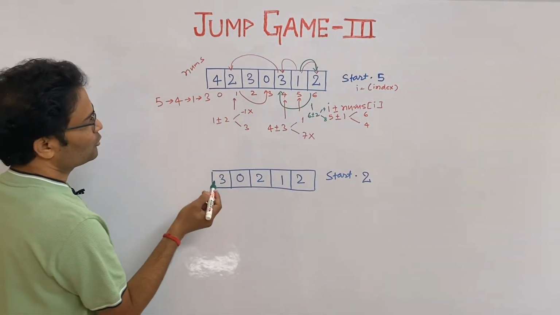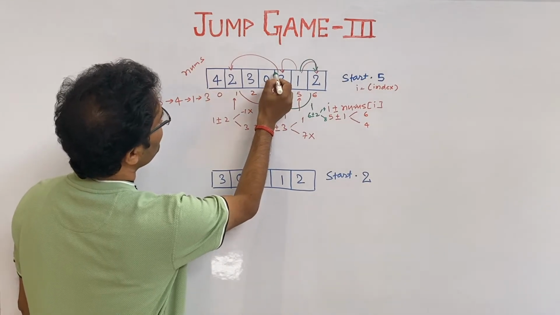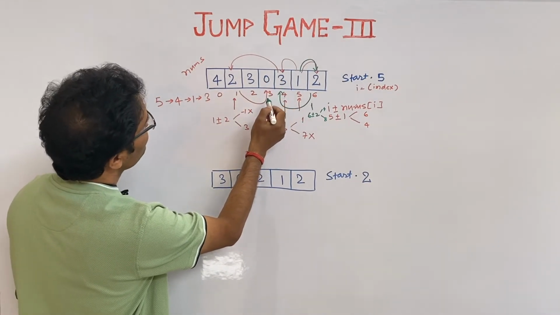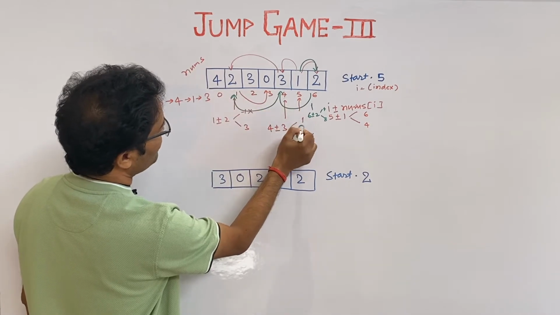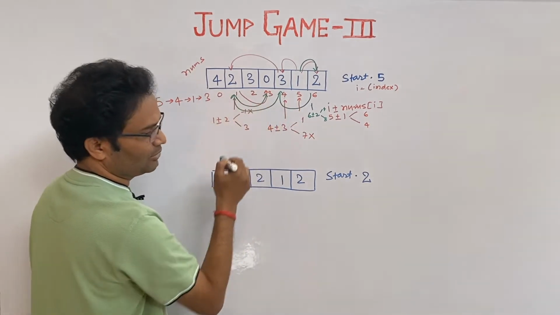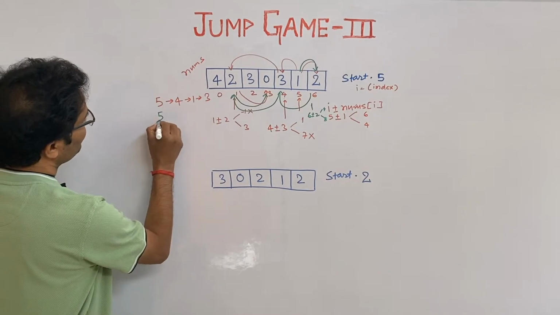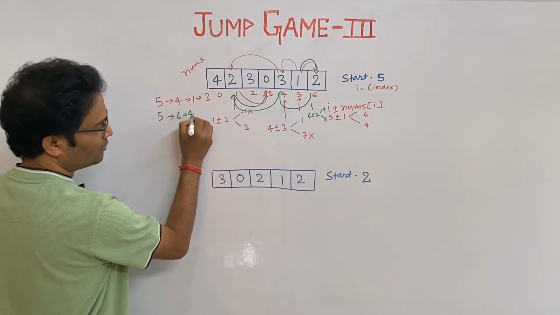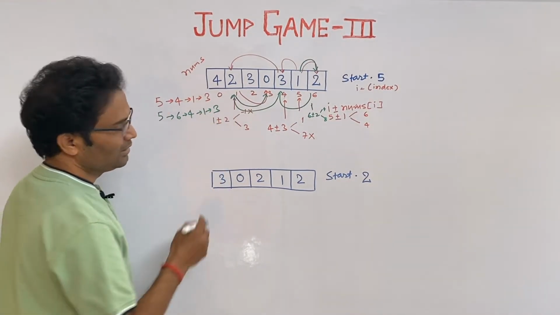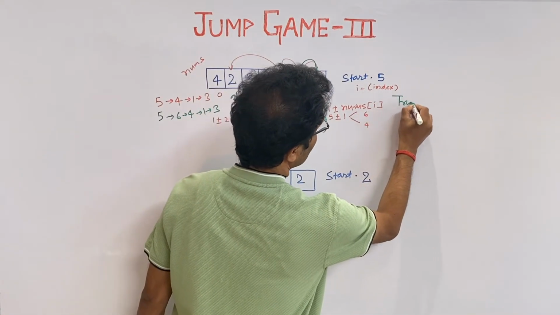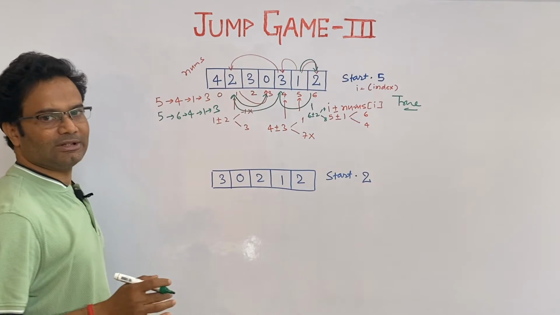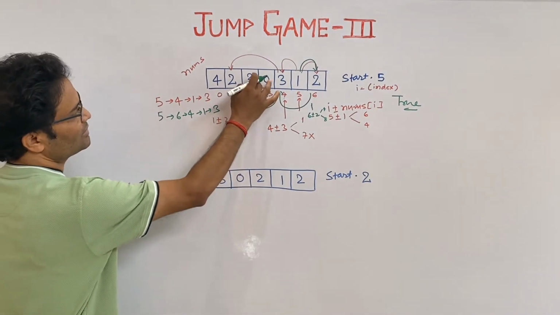And once we come to 4, then again from 4 we can go to index 1, and from here we can come here, right? So 5, 6, 4, 1, 3. Other possibilities are there. So we have to return true, because from the given starting point we are able to reach the 0 index.